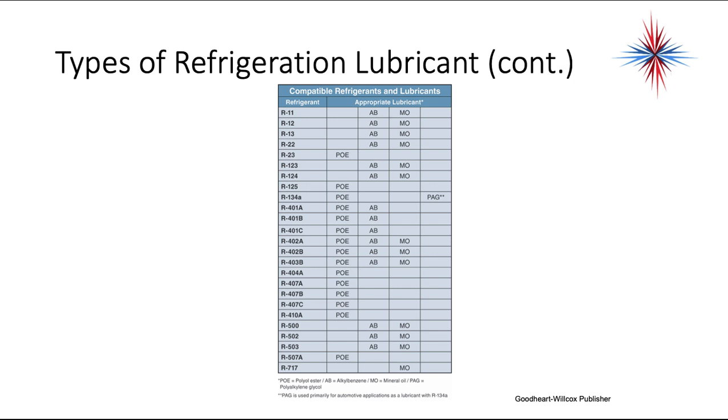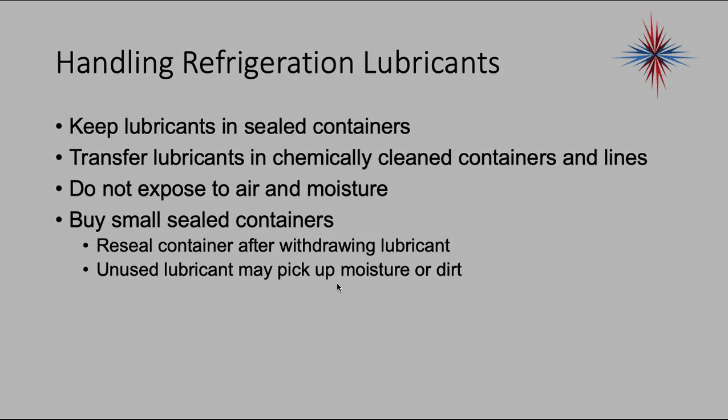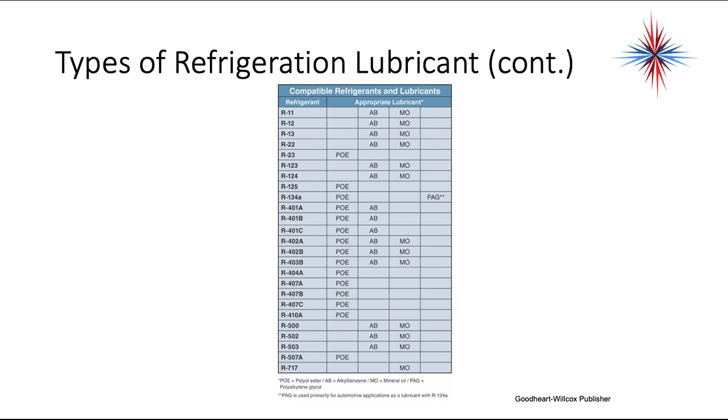So for example, if you have an R22 system, R22 uses alkylbenzene or mineral oil, and you want to convert that to R407A because 407 is a drop-in. You have to be able to actually empty all the oil out and convert the system over to polyester oil. You cannot just put in R22 oil.